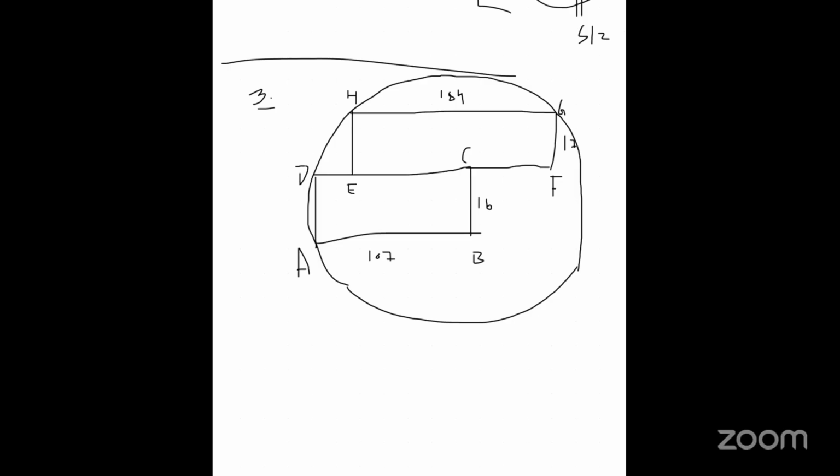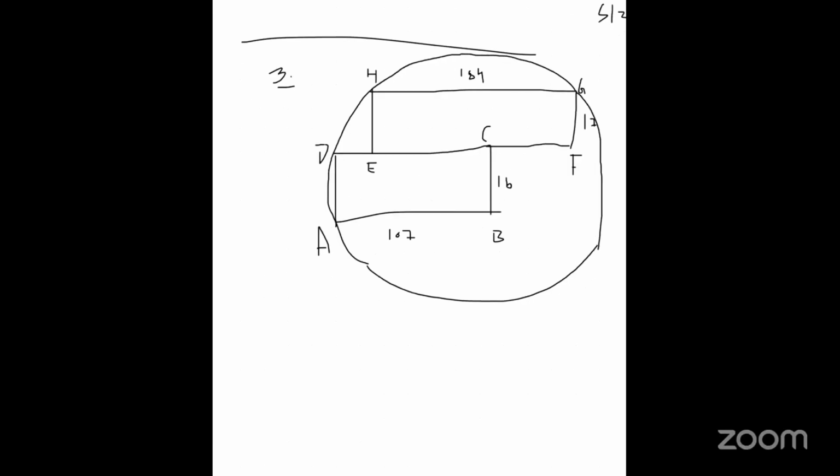So given ADHG cyclic, find the length of CE. So we have to find this length x equals CE over here, given ADHG cyclic.